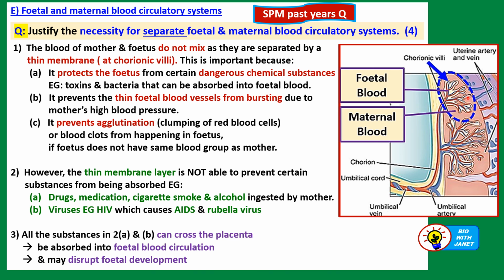So all these substances and organisms can pass through the thin membrane here from the mother's blood into the fetal blood in the blood capillaries. So if they are absorbed into the fetal blood circulation, they can disrupt the fetal development because they'll be transported by the umbilical vein.